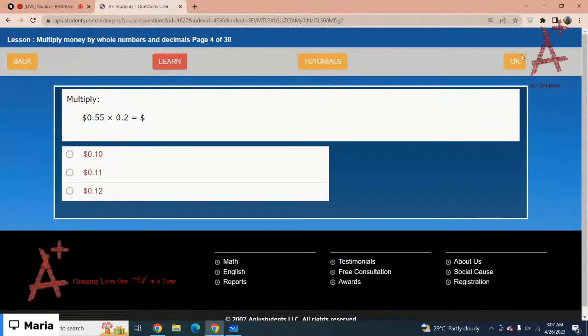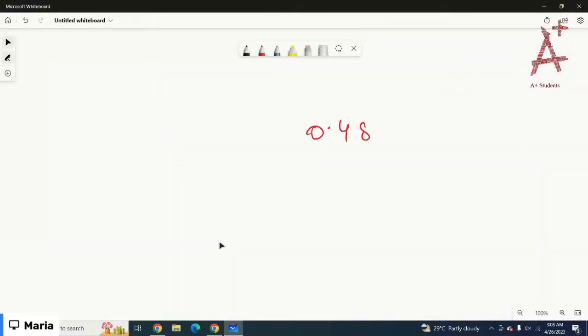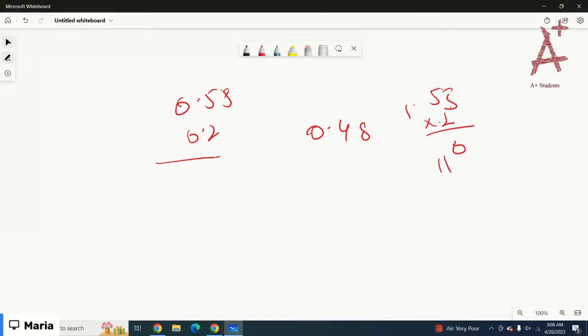Okay, the next one is 0.55 times 0.2. Let's just multiply without decimal point. It would be 55 times 2. 2 times 5 is 10, 0, 1 carry. 2 times 5 is 10, 1, 11. It would be 110. So you have total 3 decimal places: 2 in this one and 1 in this.